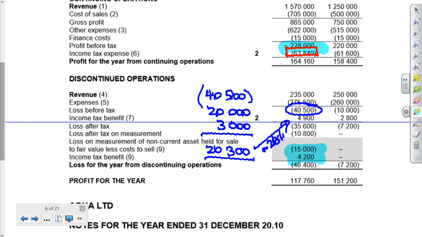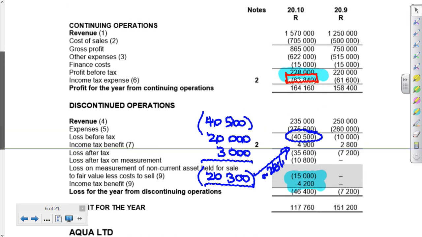Okay, so do you agree that in the 4,500 there's an expense of 20, making the loss bigger? I'm going to make the loss smaller, and there's an expense of 3, making the loss bigger. I must make the loss smaller. It comes down to 2,300, and at 28%, it's a tax benefit of 4,900. Yeah. Okay.